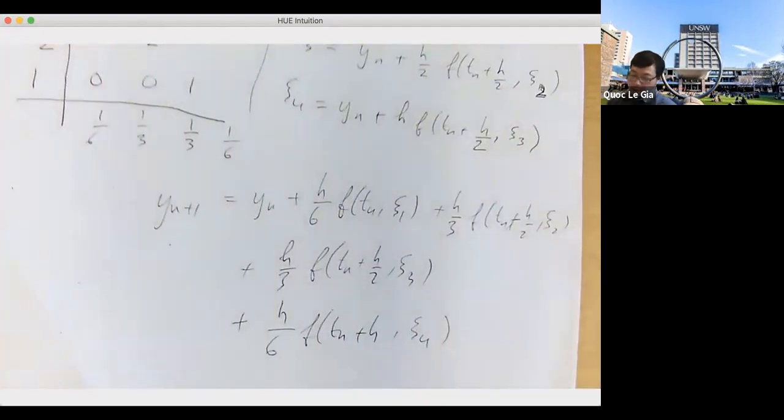So that is the formula for the Runge-Kutta method of order 4. You should be familiar with it by now.